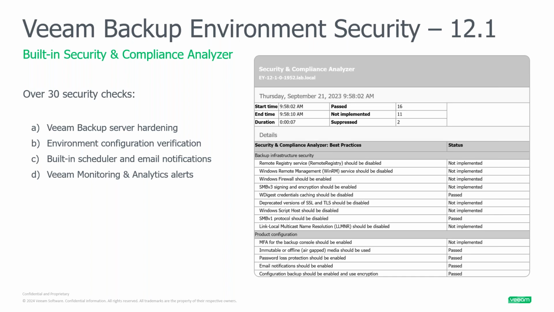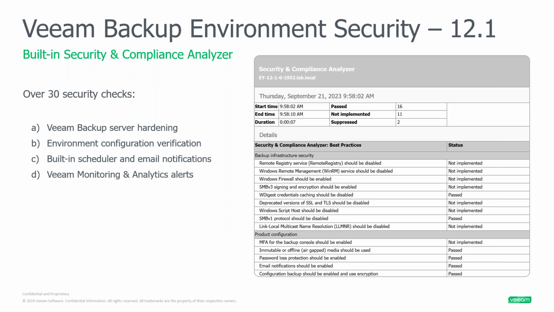One, you will need to do things like Veeam backup server hardening, right? So that whatever services are not being used or are being compromised, as you can see there, turn them off. Do not implement them, making sure that certain protocols are disabled, and implement multi-factor authentication, for example, in one of the sample reports that I ran.